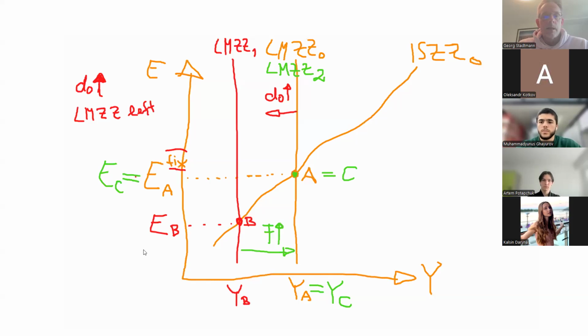So let's save it also, zoom, and now I want to show it to you again. Yeah, so this is our solution now. Exchange rate is fixed. There is no recession. The domestic GDP is not affected in a negative way.